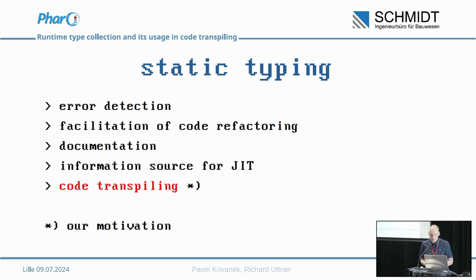It serves for some documentation purposes because you know better what the code does, and it can be used as an information source for a just-in-time compiler. We have the most silly motivation, and it's the transpiling of the dynamic code into a static language. So for that you need to statically type your dynamically typed code.